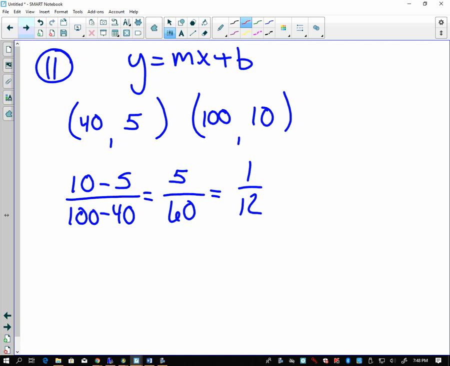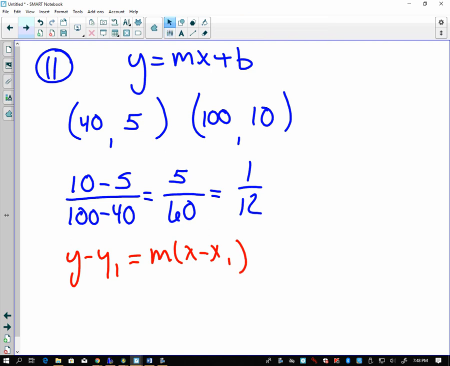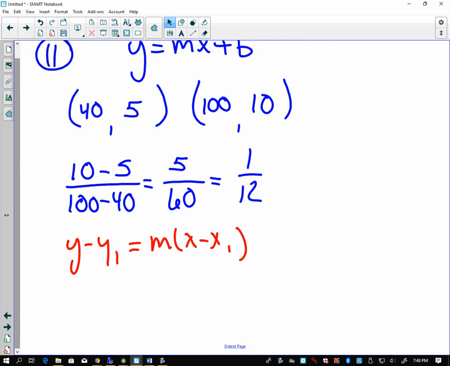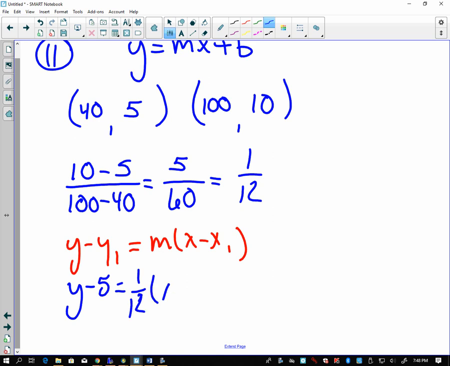Now I'm going to use my formula y minus y1 equals m times x minus x1 to get the rest of the equation. I'm going to use 40 and 5 for my numbers. So we have y minus 5 equals 1/12, for my slope, times x minus 40.